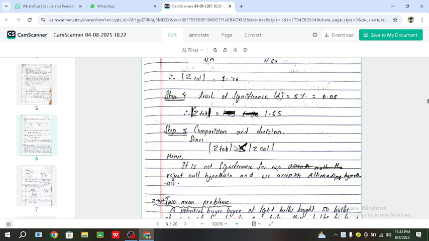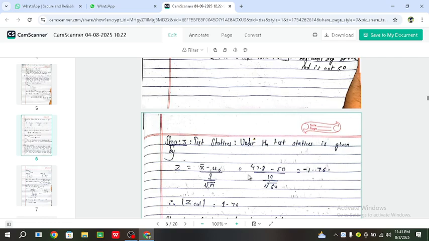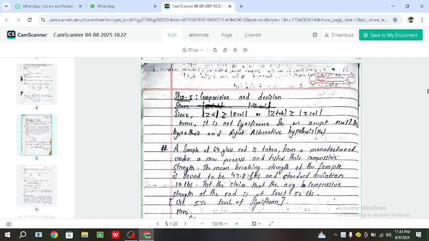If the z tabulated value is greater than calculated, then we accept the null hypothesis and reject the alternative hypothesis. That is the language, but here it is just reversed: the z calculated value is greater than z tabulated, so we reject the null hypothesis and accept the alternative hypothesis. This is the second type of numerical of the Z transform.